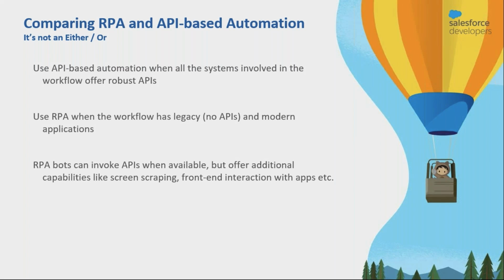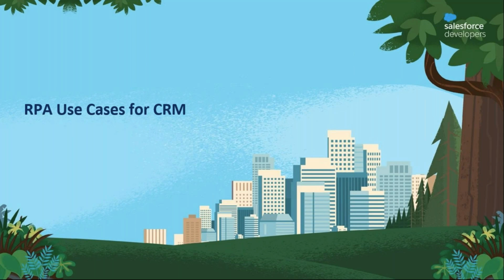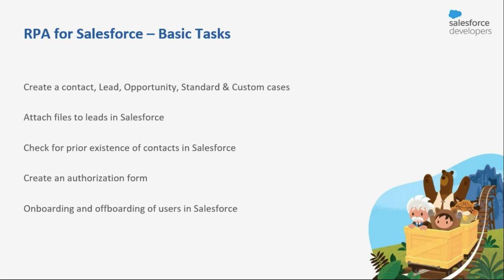Sure, definitely. Let's look at some of the RPA-specific use cases for CRM. To start with, we will discuss the basic tasks. If you want to create a contact, lead, opportunity, standard or custom cases, or attach files to leads in Salesforce, these are the basic tasks which you can perform in Salesforce.